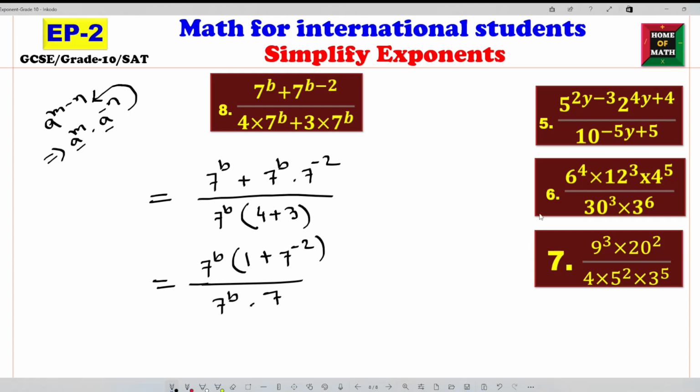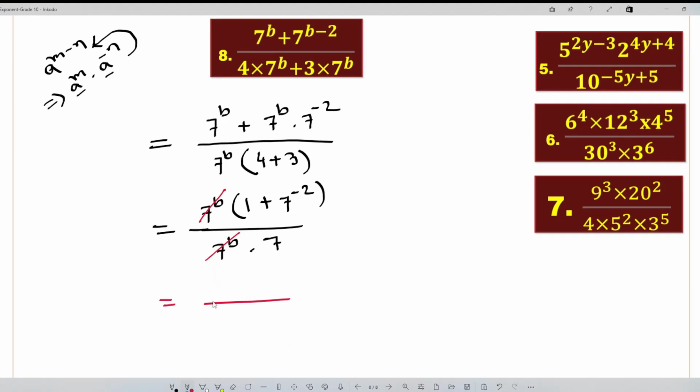Now look, this 7 to the power b and this 7 to the power b we can cancel out. Now look, here is 1 plus 1 by 7 square. It's called a negative exponent. It means a to the power minus n, we can write as 1 by a to the power n, and here is 7.